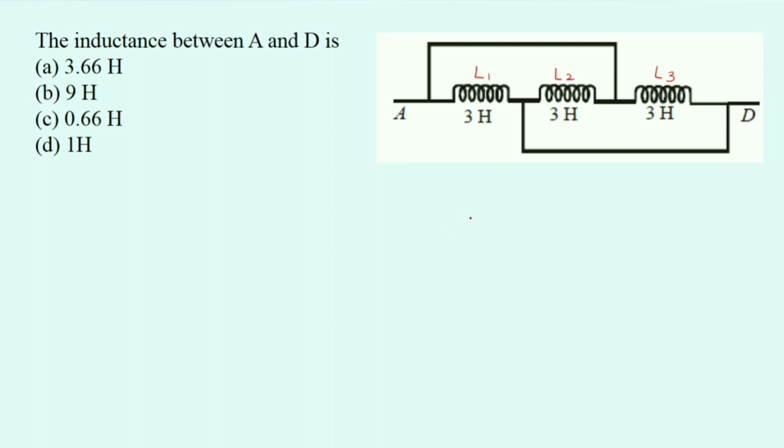So, I am going to redraw these inductors. Observe here, the first inductor L1, the second inductor L2 and the third inductor L3. So the first inductor is connected to common point A and the second end is connected to D. Similarly, the second inductor is connected to points A and D, and the third one L3 is also connected to common points A and D. That shows all the 3 inductors are connected in parallel.